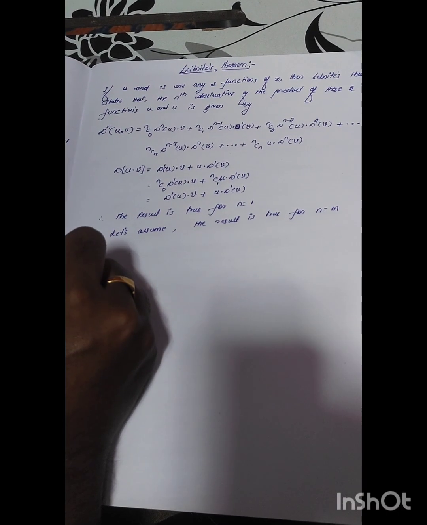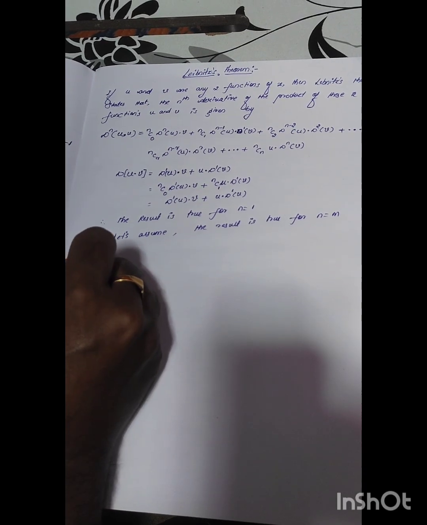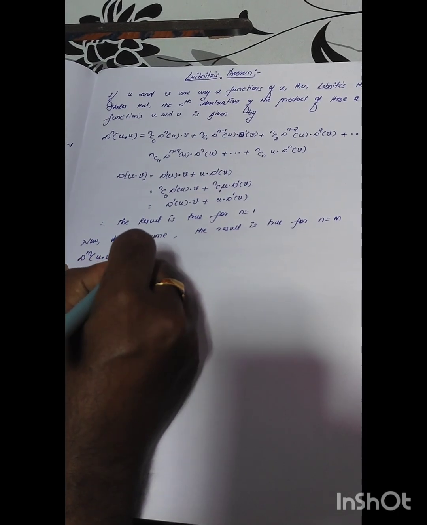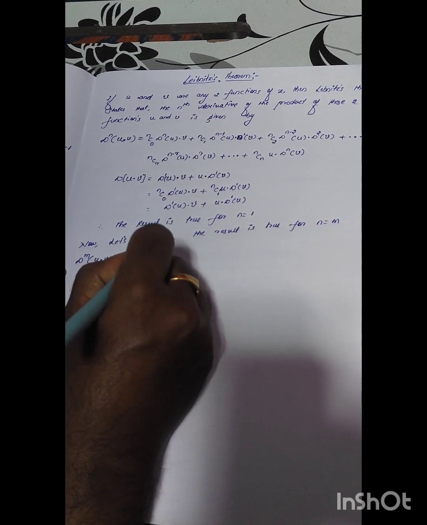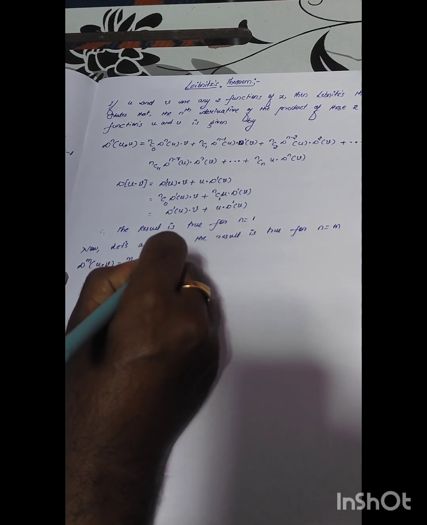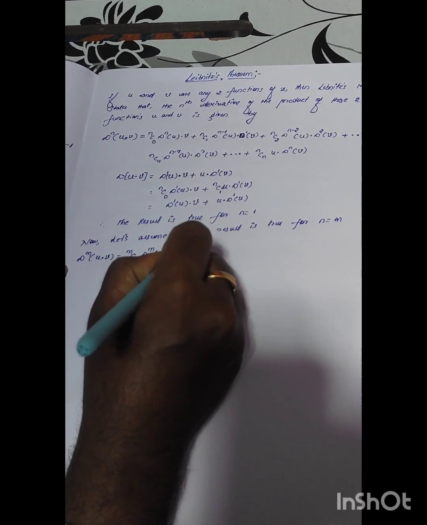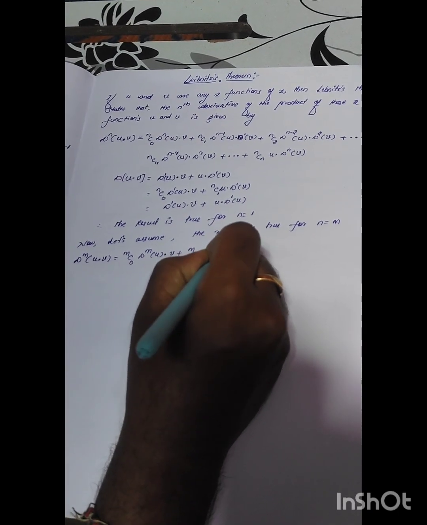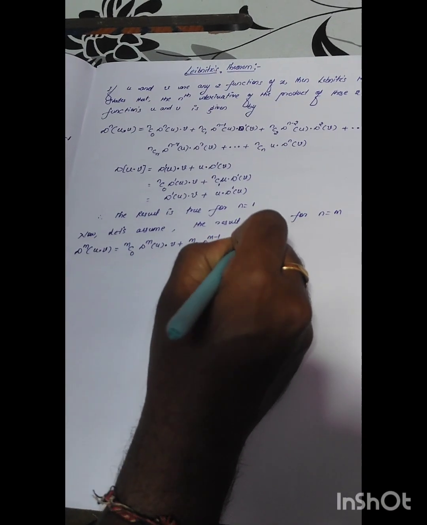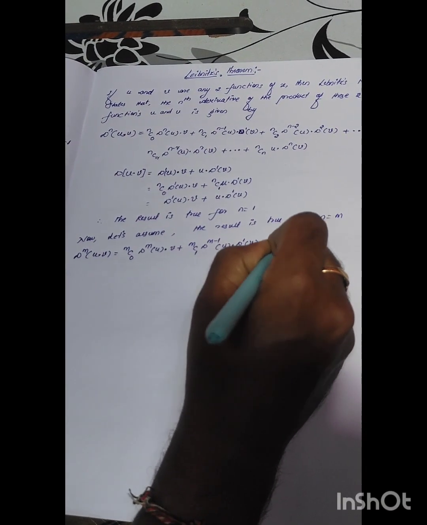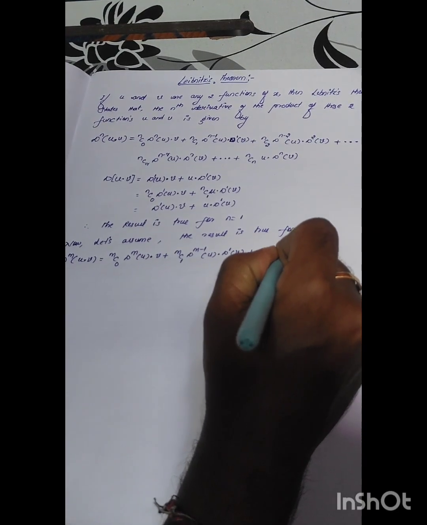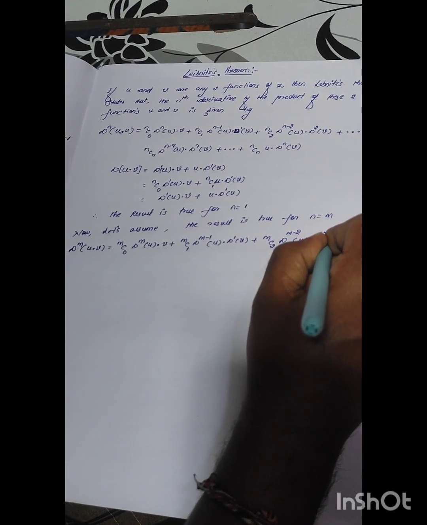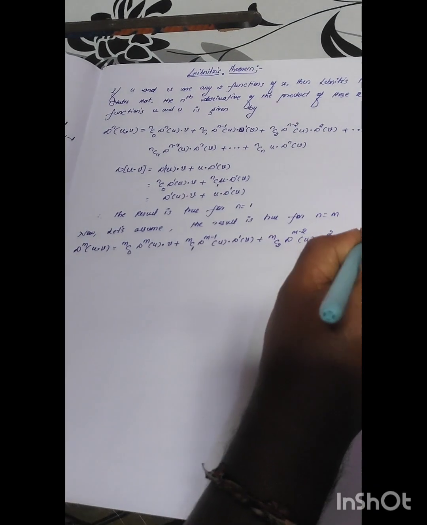So the mth derivative of u comma v will be equal to mC0 into the mth derivative of the first function, that is dm of u into v, plus mC1 dm minus 1 of u into d1 of v, plus mC2 dm minus 2 of u into d2 of v, plus and so on.